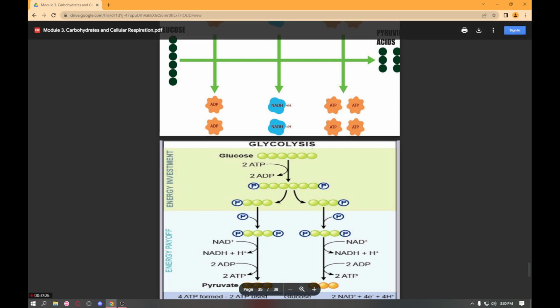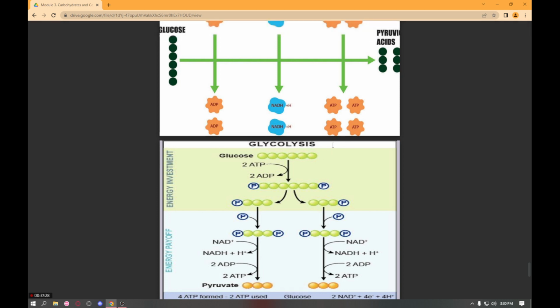This one is the glycolysis, so it happens in the cytoplasm along the cytosol. So there is your glucose, 1, 2, 3, 4, 5, 6. So there are 6 carbon atoms. It produces 2 ATPs in order to release energy. So this is converted into 2 pyruvic acids, each made up of 3 carbon molecules.